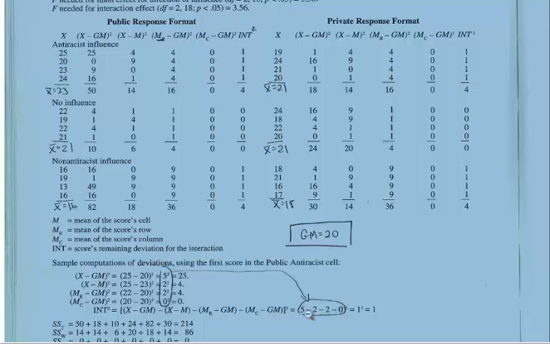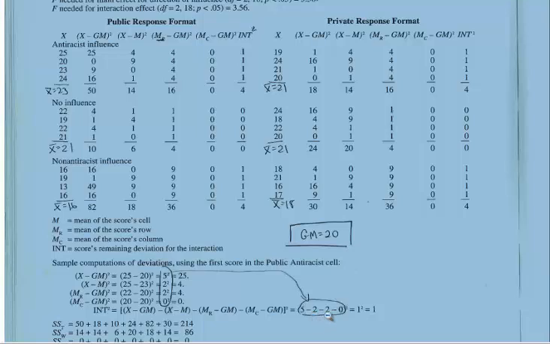You sum up all of these differences and you square that sum. So you do all the subtraction. 5 minus 2 minus 2 minus 0. So this is the total deviation that we're trying to explain. This is the deviation between the observed score and the cell mean.